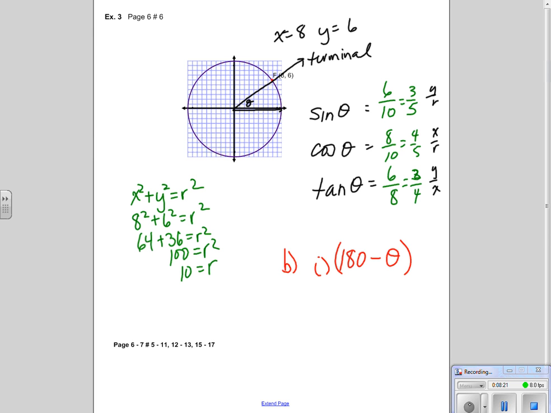This angle of rotation, 180 minus theta, is when we go that far, where we've gone 180 degrees and backed up theta. So it's going to have some symmetry there. My picture's not super. But that would be the terminal arm of 180 minus theta.